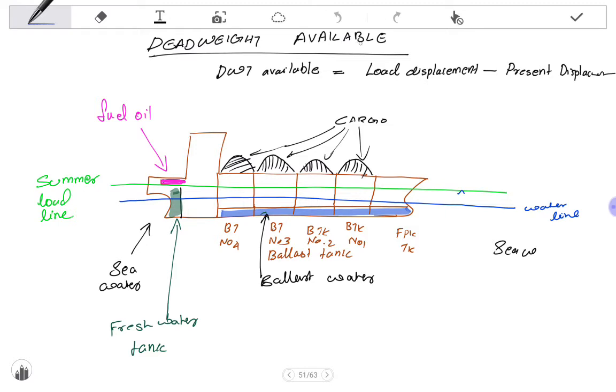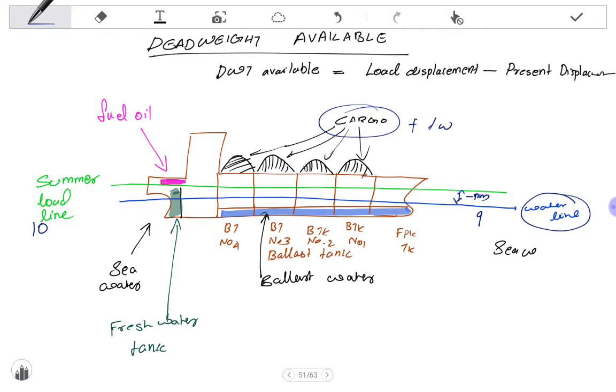Now dead weight available means at present the ship is floating at a particular water level or has some draft. Let's say a vessel's summer draft is 10 meters and the present draft is 9 meters. That means the vessel can go down a further 1 meter, so more cargo, or some freshwater or whatever, can be loaded on the vessel so that it will reach the summer draft.